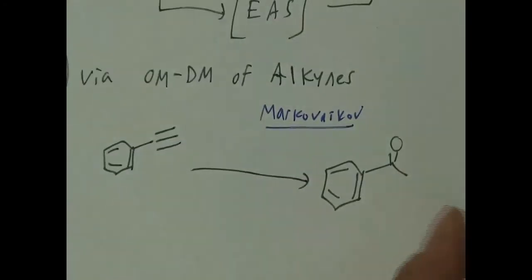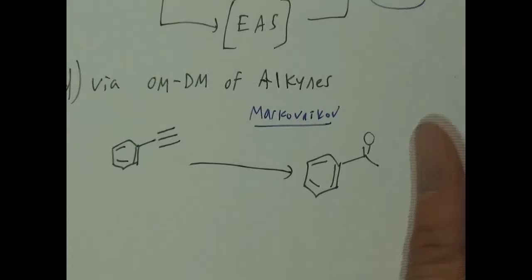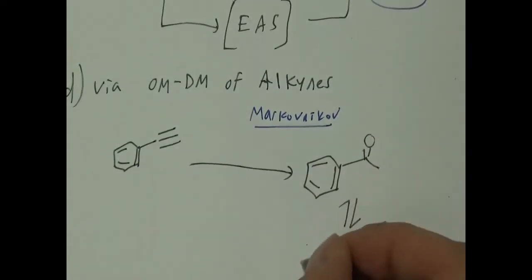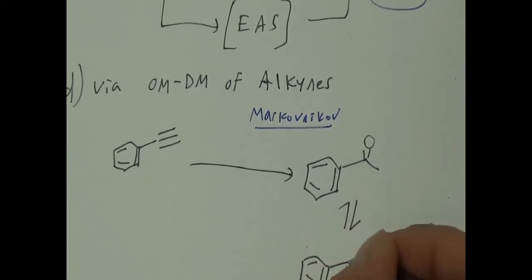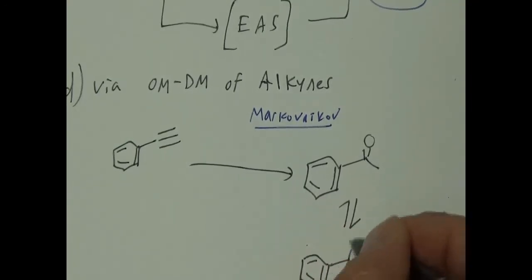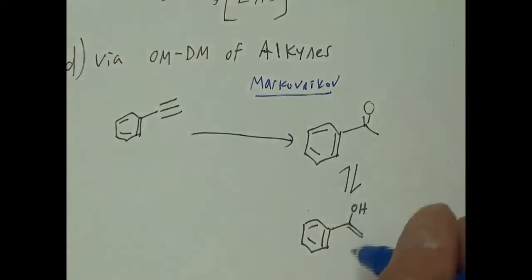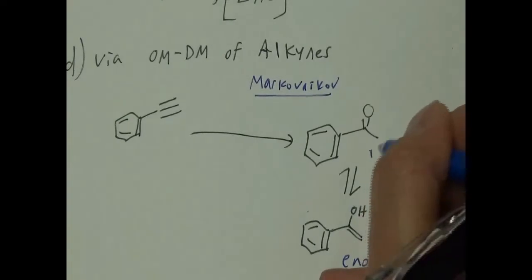And it's Markovnikov. We'll review the reagents, but the last step of the mechanism, and this was talked about in the alkyne chapter, was also an enol-keto tautomerism. So you may have the enol, and then it goes to the keto.